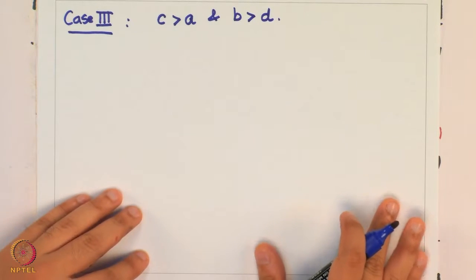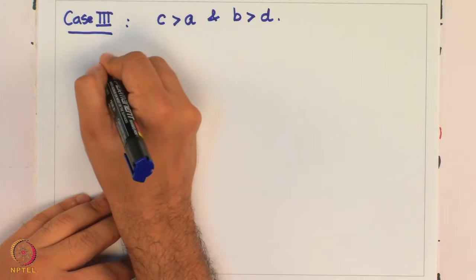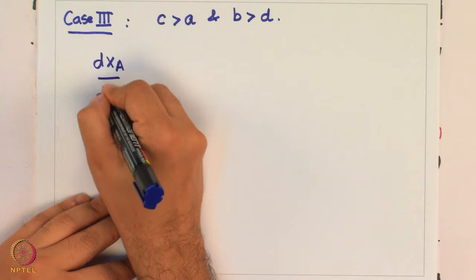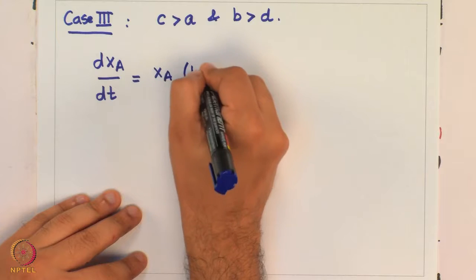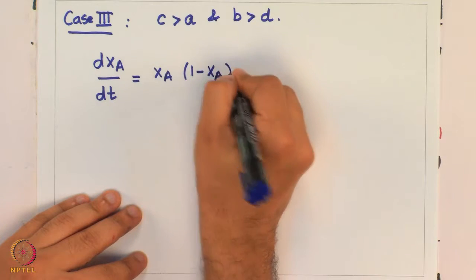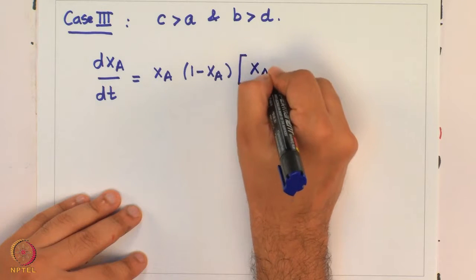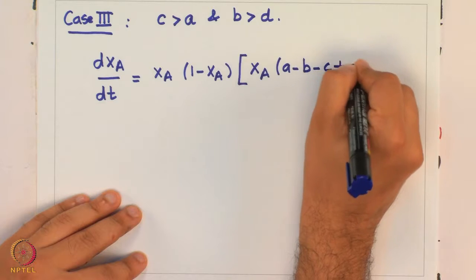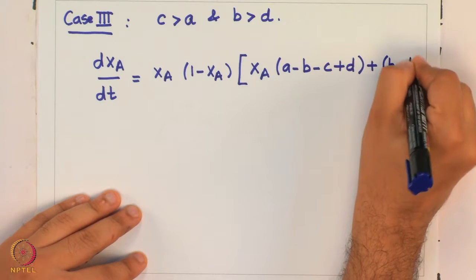Now, what this tells us is that if we look at this in terms of our dynamical equation, dxA/dt equals xA times (1 minus xA) times [xA(A minus B minus C plus D) plus (B minus D)].